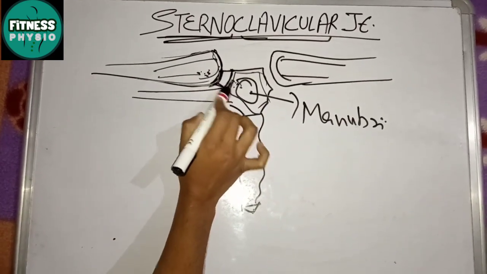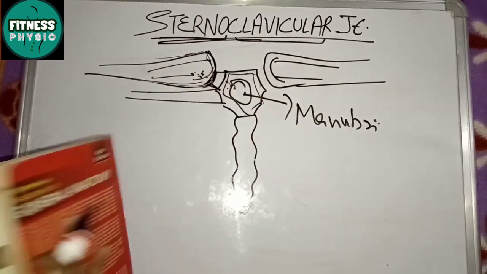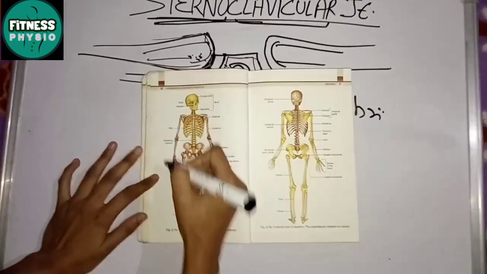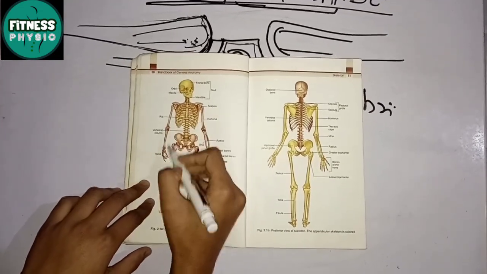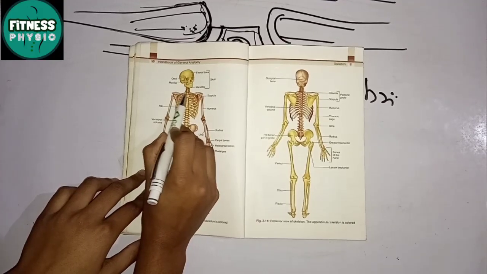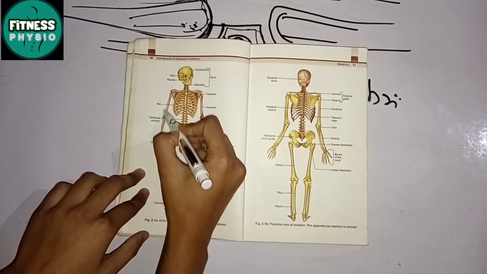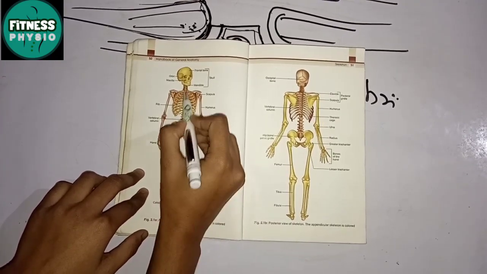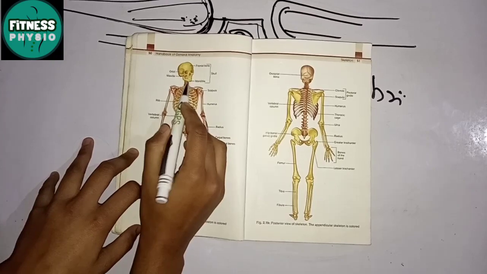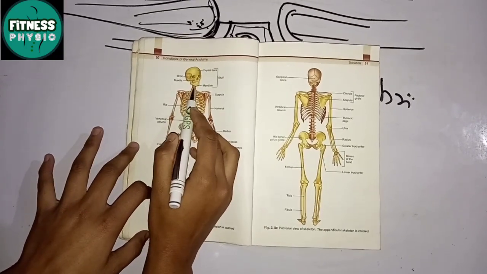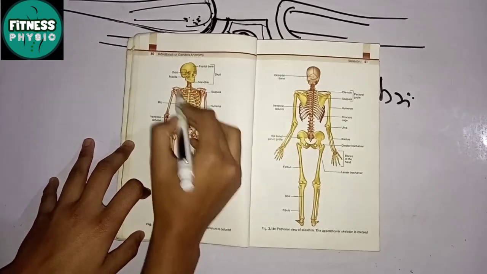Because this sternoclavicular joint is the only joint, remember this, which transfers your weight from your appendicular structure to your axial body. So remember this, it's a very important point. SC joint is the only articulation which transmits your upper limb weight to your axial skeleton.